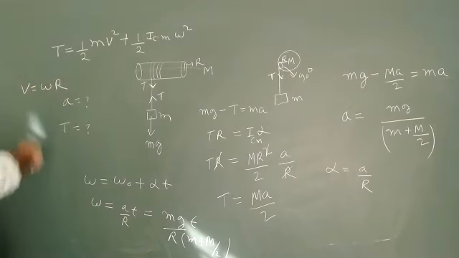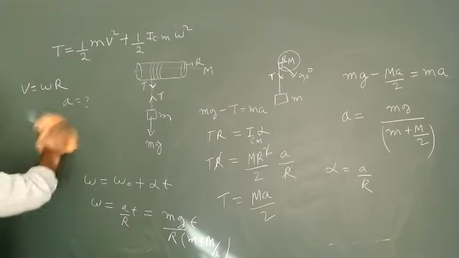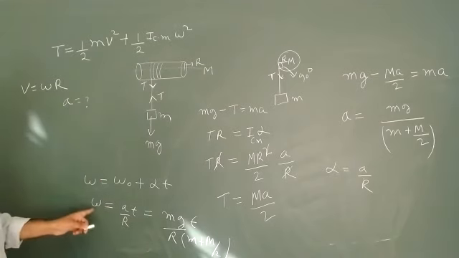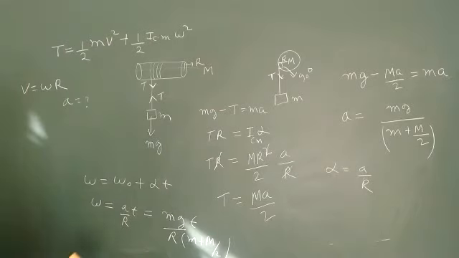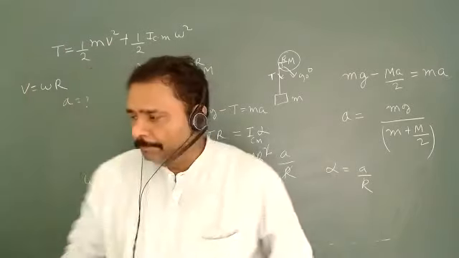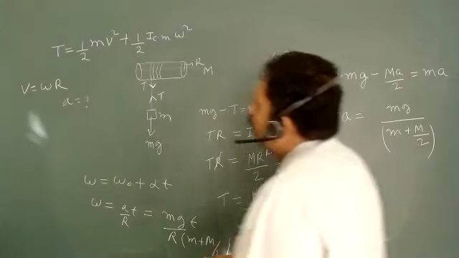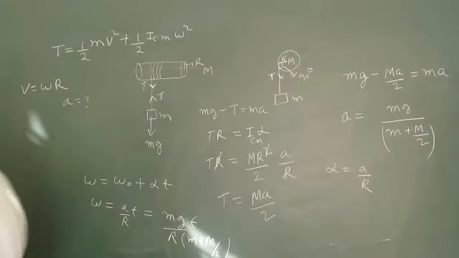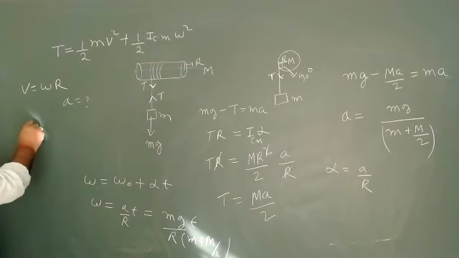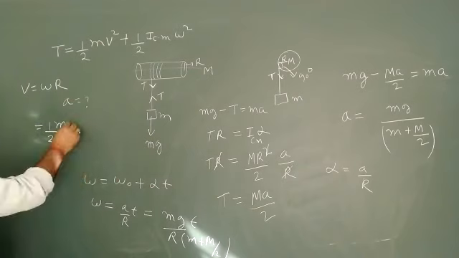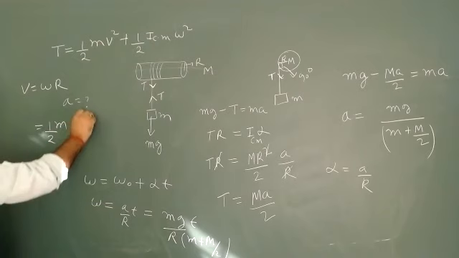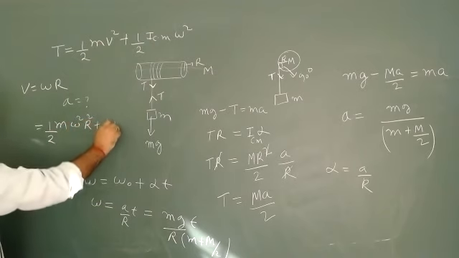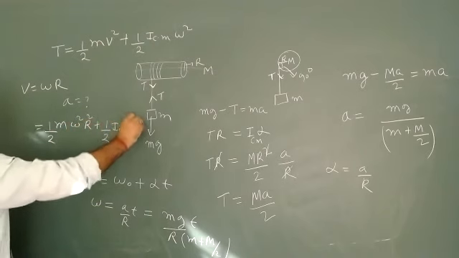V is equal to omega R. So I can put this value here in terms of omega, because I have omega as a function of time. So this value is half m, and omega square R square plus half I CM omega square.